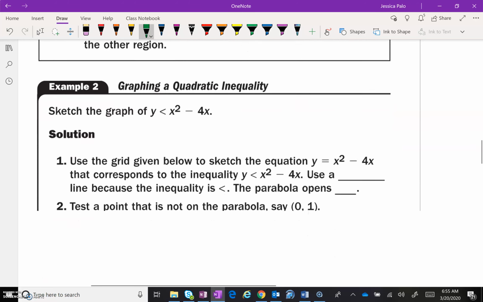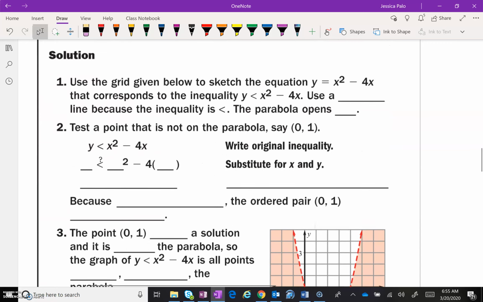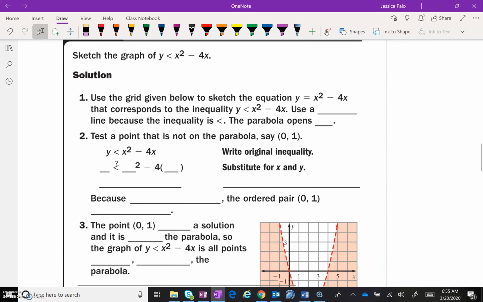So let us graph this quadratic inequality. We have y is less than x squared minus 4x. We know right away that we are using a dashed line because it's a less than symbol. We also know this parabola opens up because a is positive.